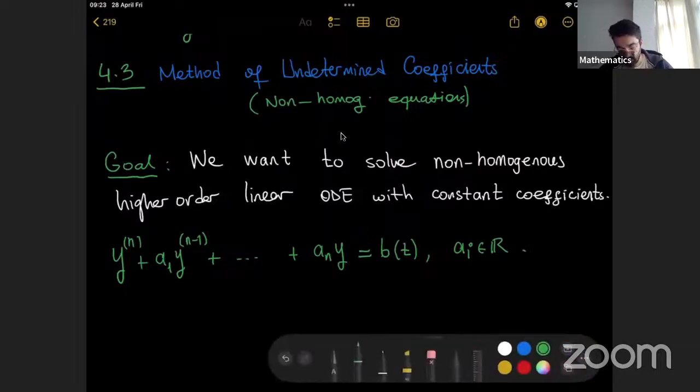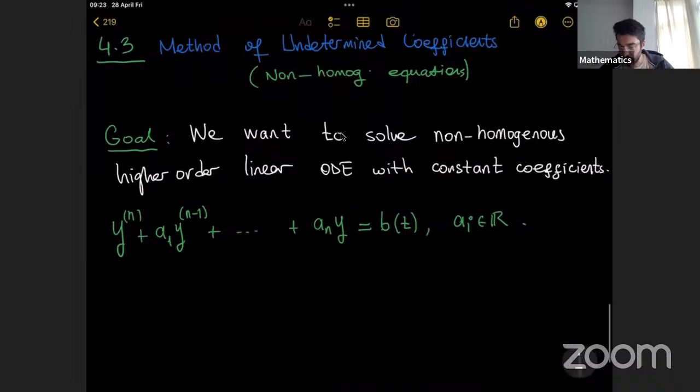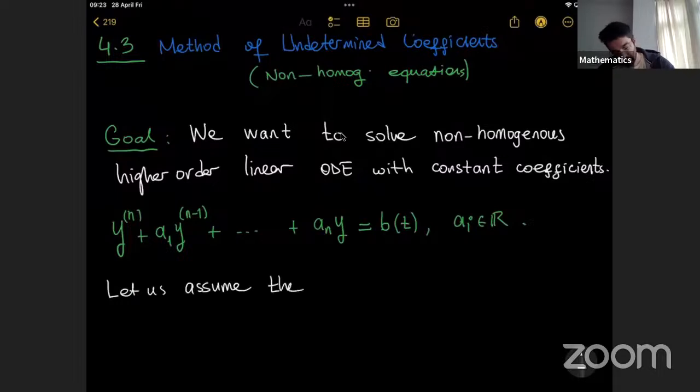So what we can do is, in the simple case, when b is in the form of some well-known functions, we guess the solution. So let us assume here that this non-homogeneous term b of t is a combination of some well-known functions.